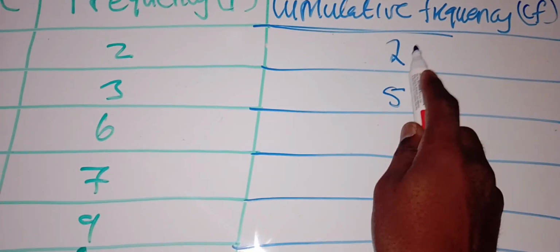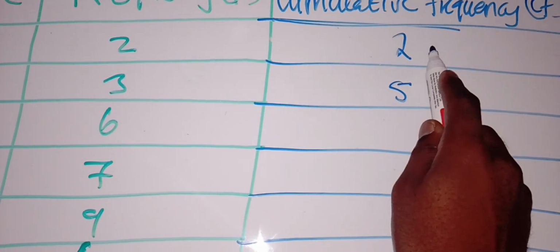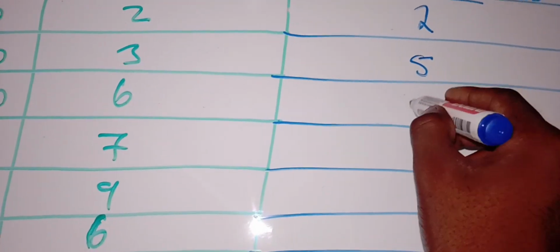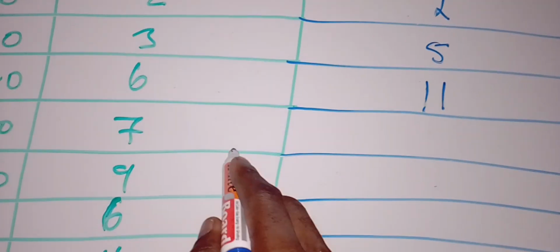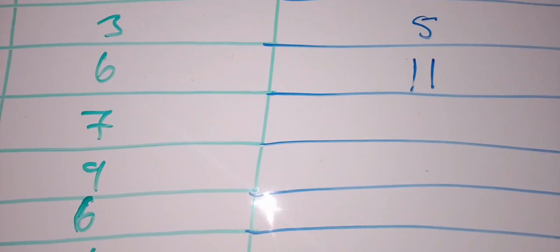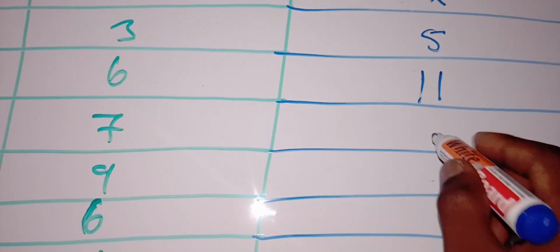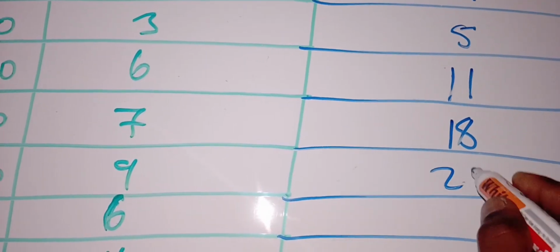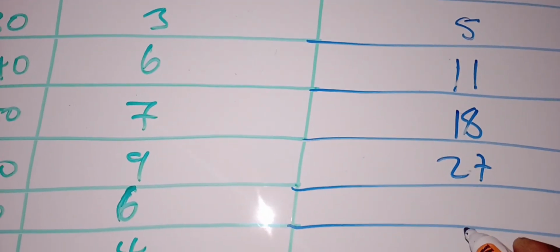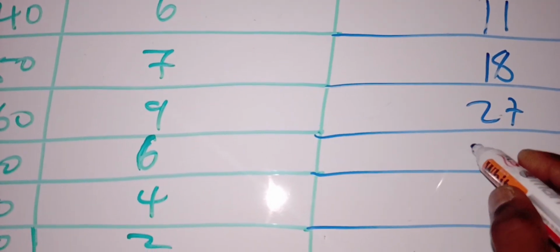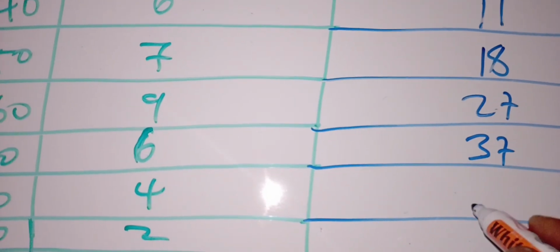5 plus 6 is 11. 11 plus 7 is 18. 18 plus 9 is 27. 27 plus 6 is 33.